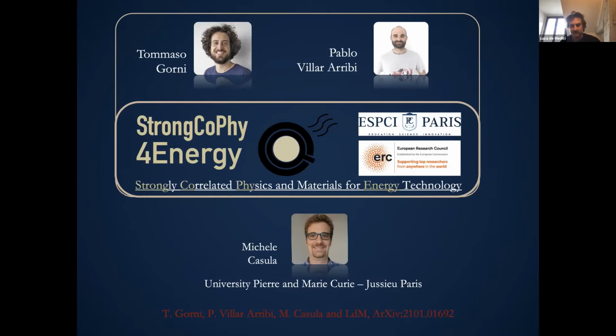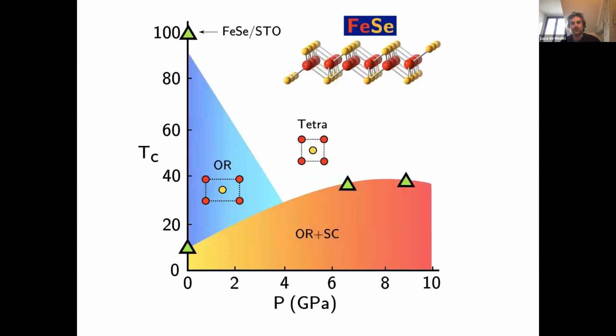So you'll see the reference here all over the talk. I'll be talking about iron selenium. Of course, this is not a crowd that needs introduction, but I'll just focus on a couple of aspects. Iron selenium is slightly atypical among the iron-based superconductors because it's the simplest one.